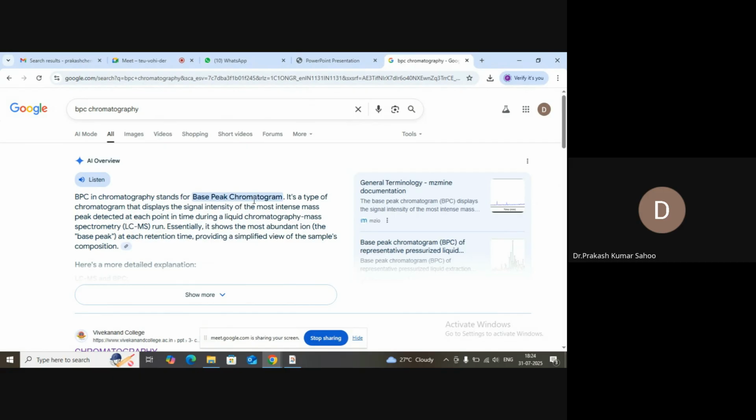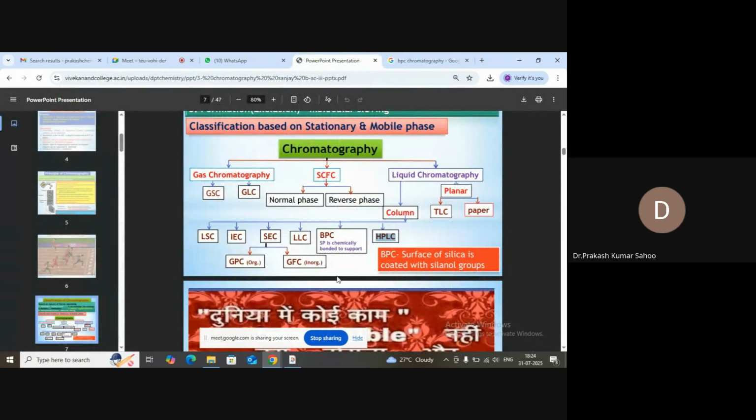Base peak chromatography. So here some peak or signal will be obtained by different chromatographic methods, and generally liquid chromatography mass spectrometry will have this type of chromatogram, that is base peak chromatogram.